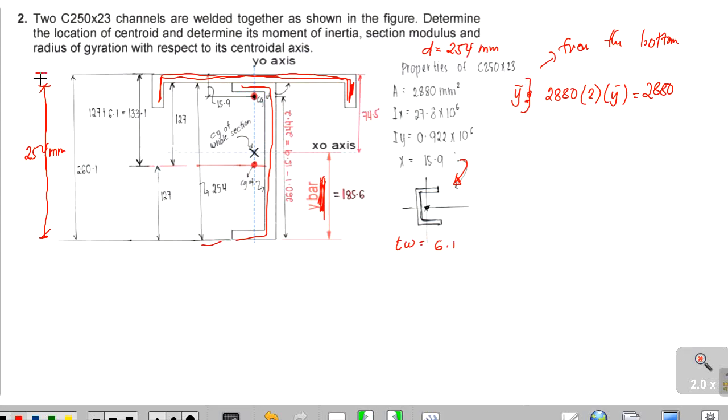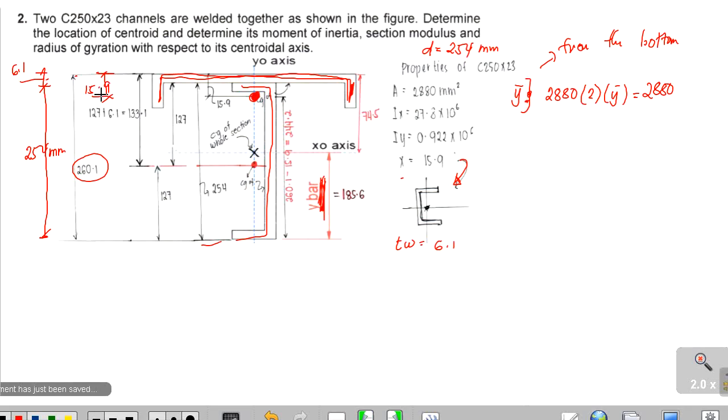The whole depth of our whole section is equal to 254 plus 6.1, that is 260.1. Our x is 15.9, so from here up to the centroid of the rotated C channel, that is 15.9.